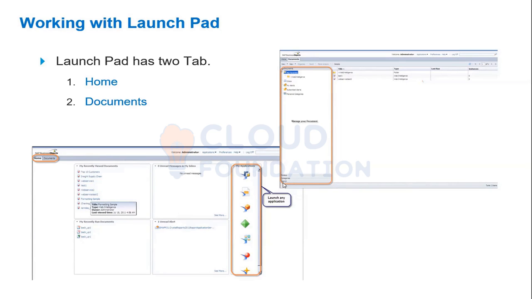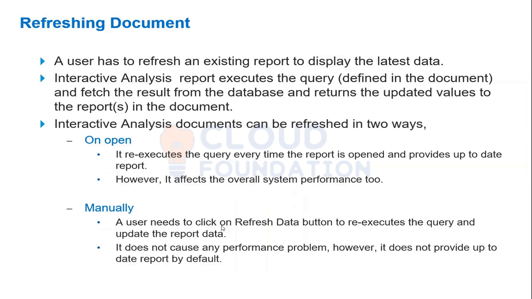If we want to search, we click on this and type some report name, and it will show us the possible list of reports with a matching name. These are the two tabs, Home and Documents. The Home tab shows all the applications that are there in the BO suite.